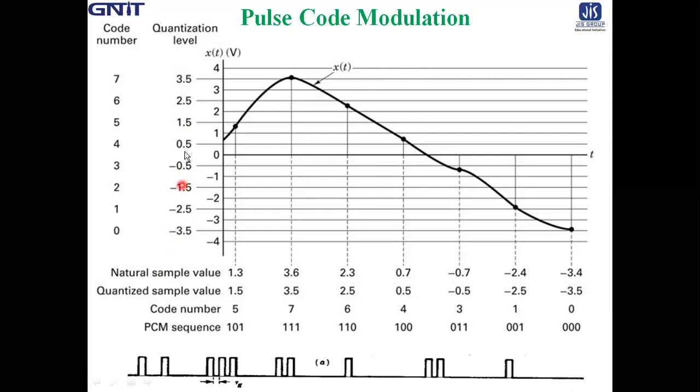These are the quantization levels. And we assign a code number for each of the quantization levels, that is from 0 to 7.